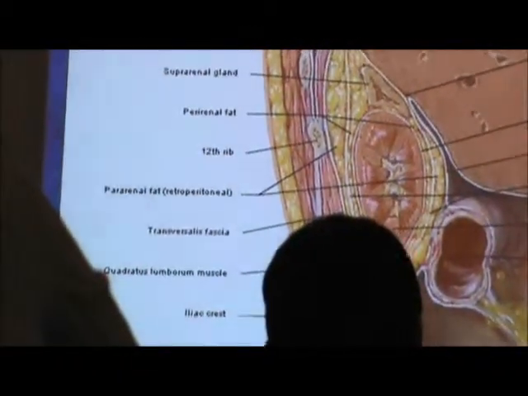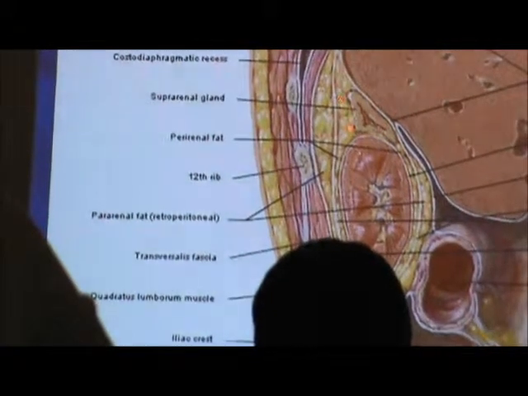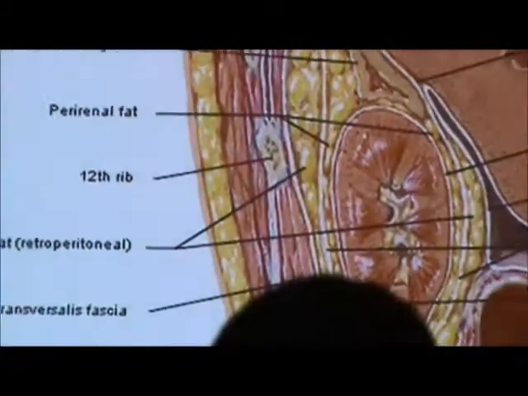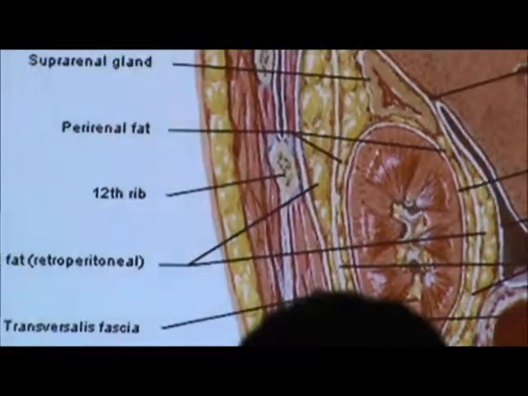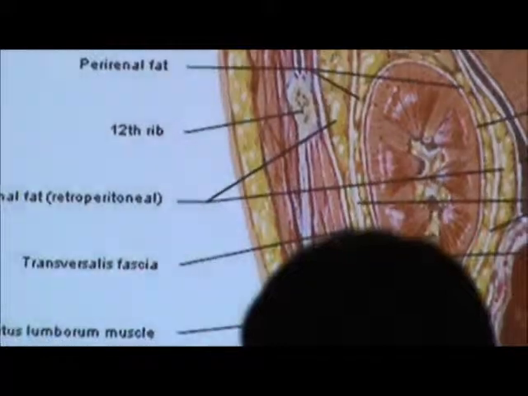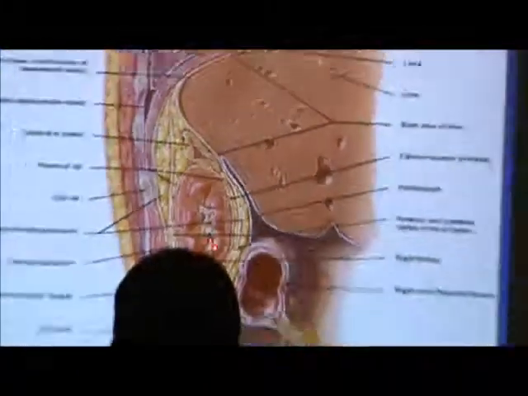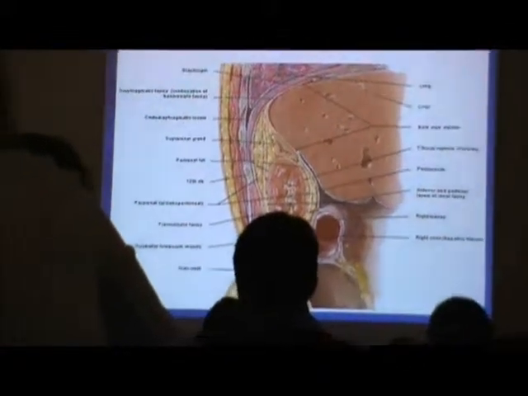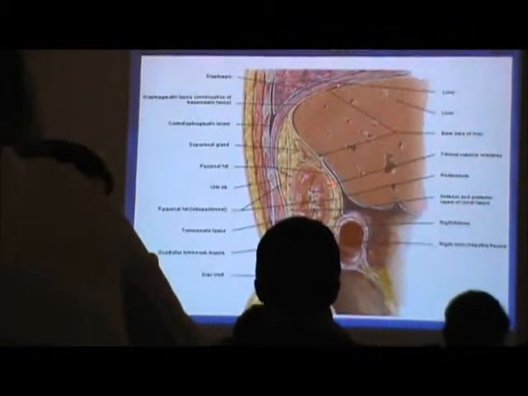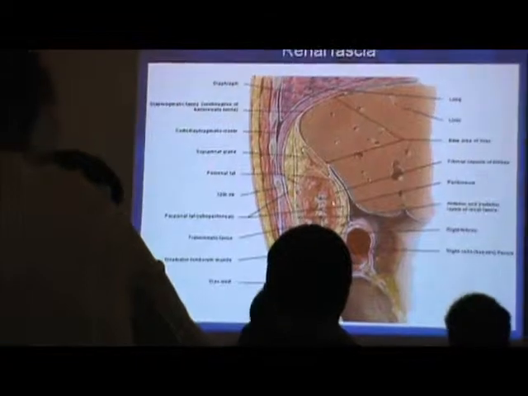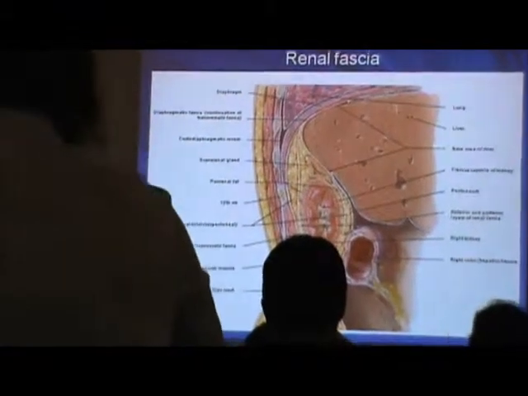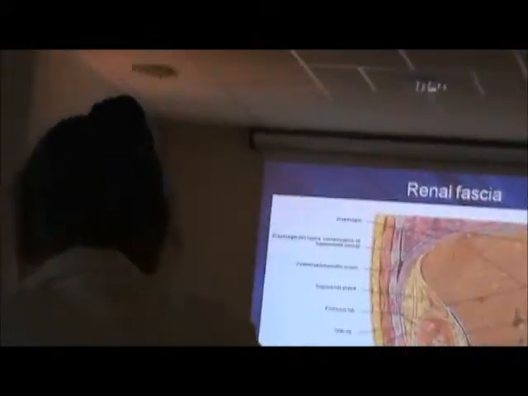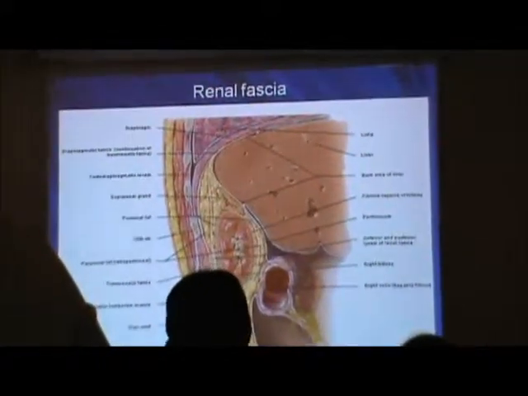But inside is located the perirenal fat, so fatty tissue, which is also inside in the hilum of the kidney. Look that in this perirenal fat is located the suprarenal gland. So in this fatty tissue.